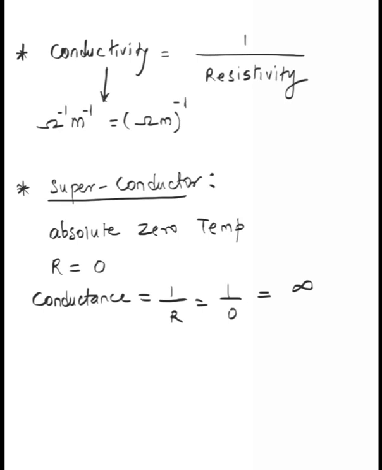How will the electrons also move if it's at absolute zero? 1 upon 0, R is 0, I've substituted over there. We have a nice question. In a wire, when we say absolute zero temperature, we are talking about the material, the wire, the conductor through which the electrons are supposed to pass. But the electrons which are passing come from an external source, like we are giving electrons through a wire, through a cell or something.